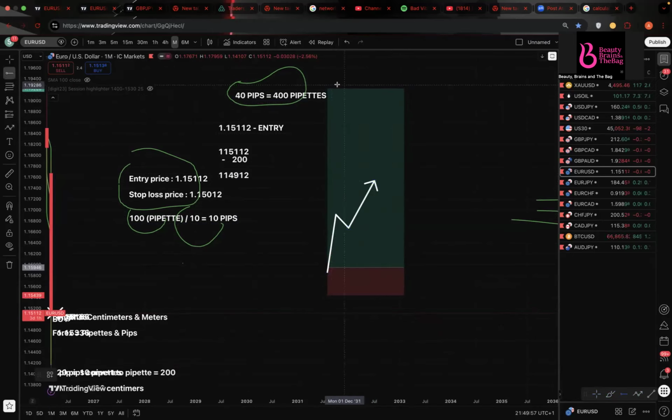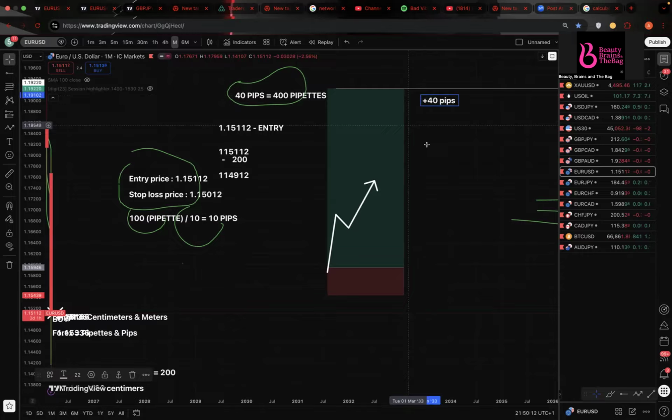So if my TP is 40 pips, I will add the 40 pips to this. If you don't understand this part, don't stress. You may get confused at first, especially when you're starting. Just try to grasp as much as you can, okay?